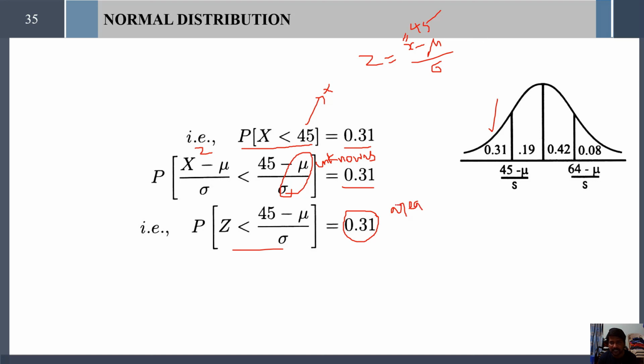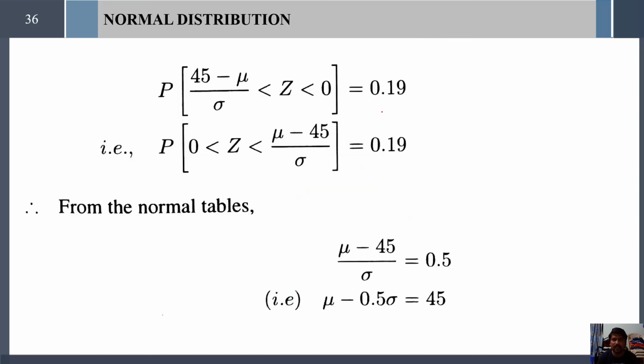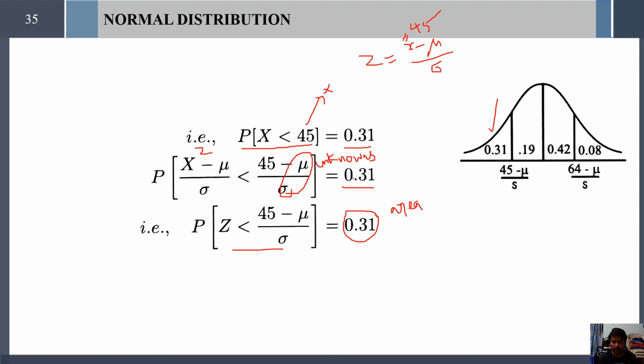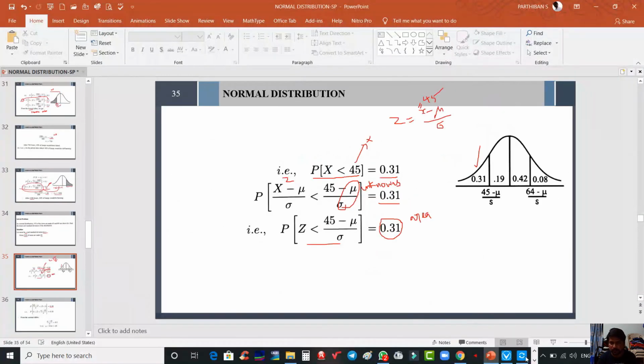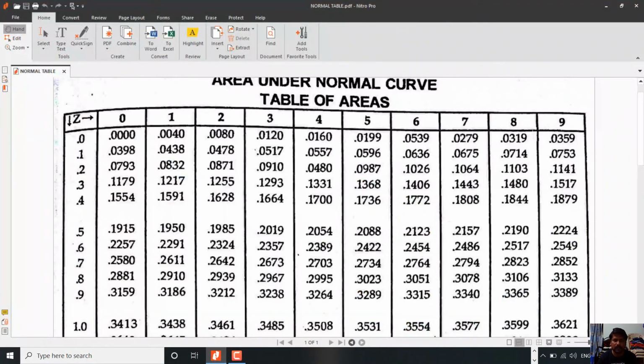According to this area, based on the normal table, we can find the 0.19 ordinate. I am going to explain it; I am going to open the normal table.